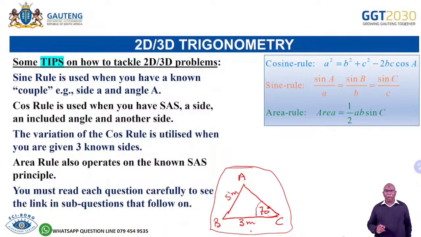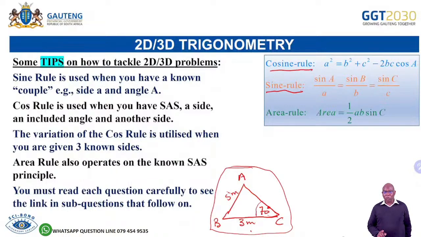So I must come up with a plan. So what will be the plan? The plan is what we are going to be doing now. It's when we have a triangle which is not a right-angled triangle. The plan is to use the rules. There are two rules that I'm going to talk about now, which are the sine rule and the cosine rule.